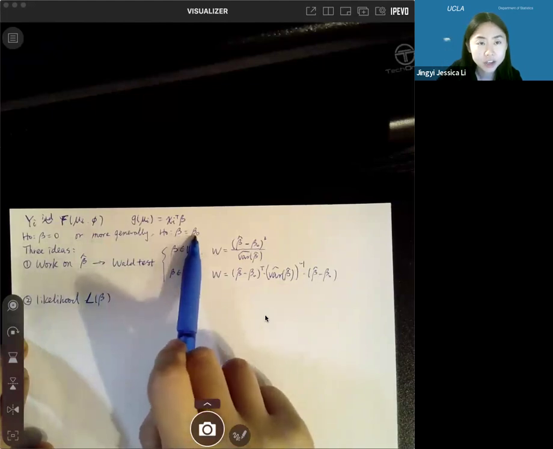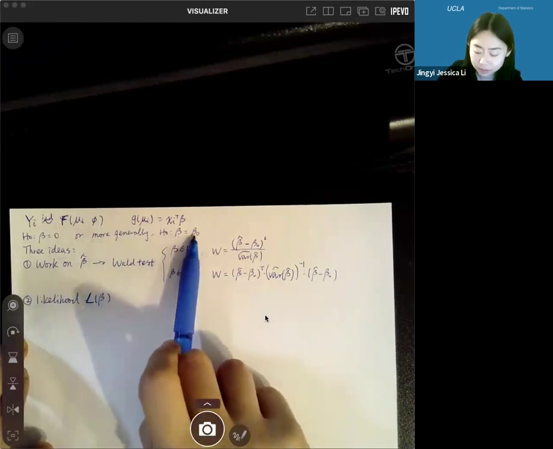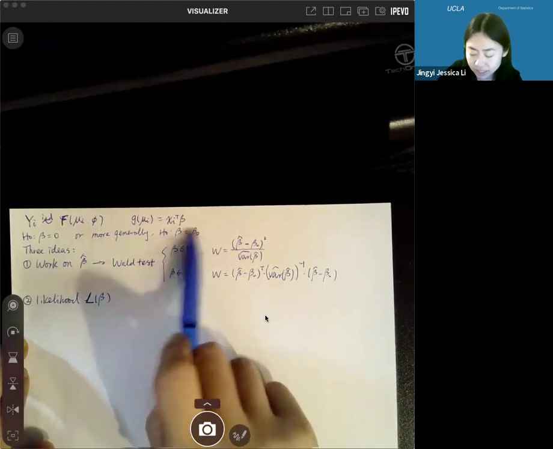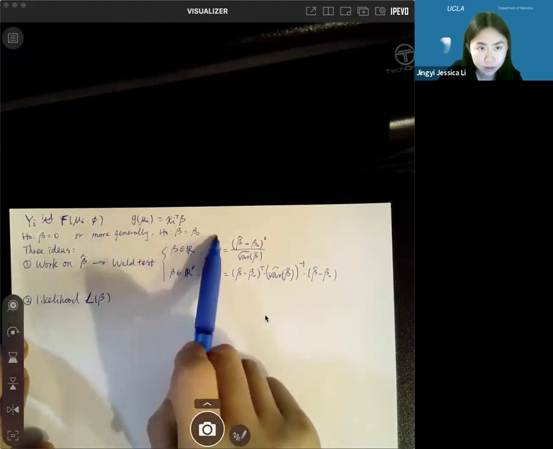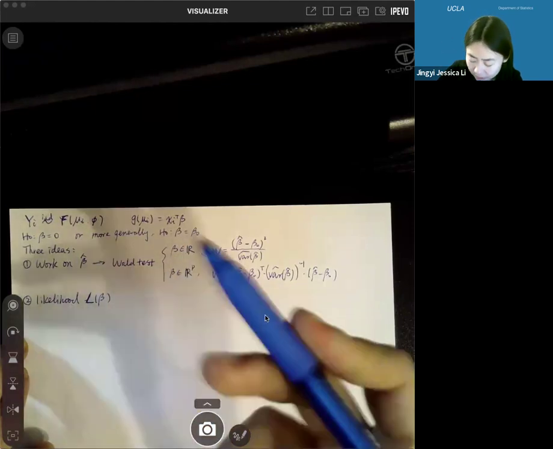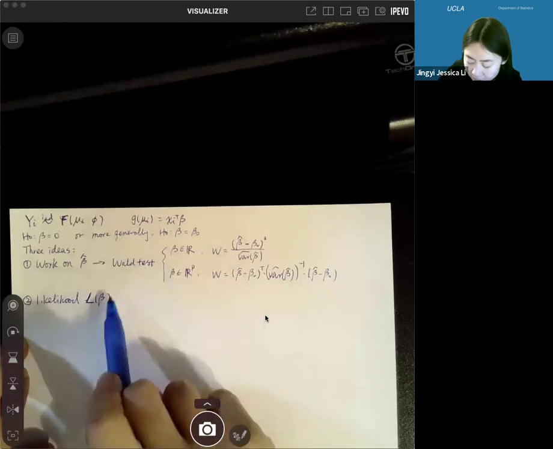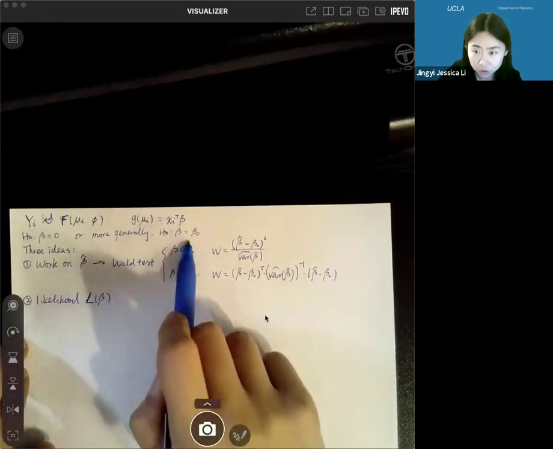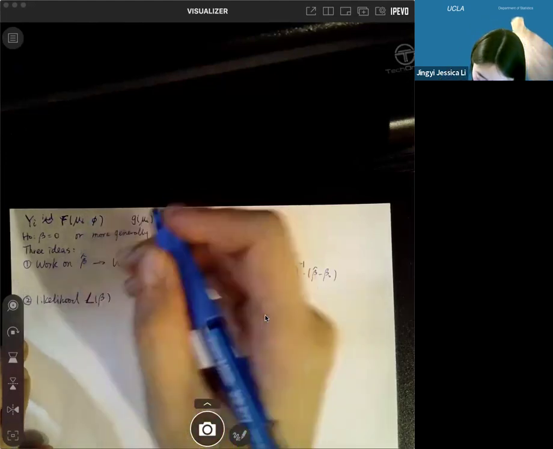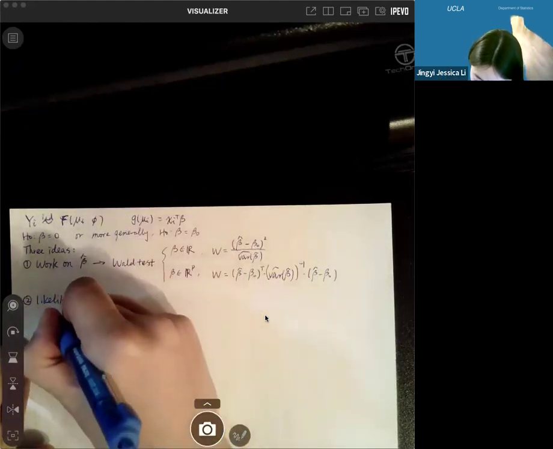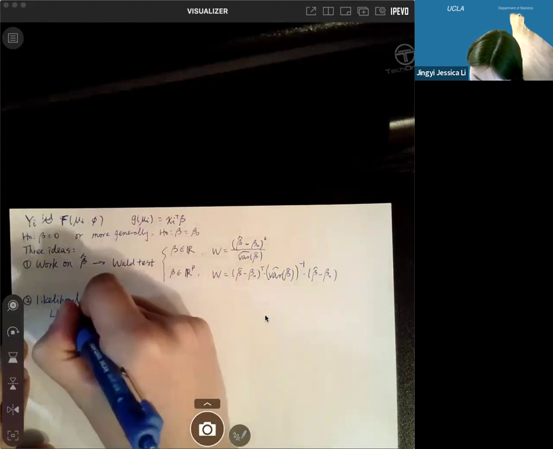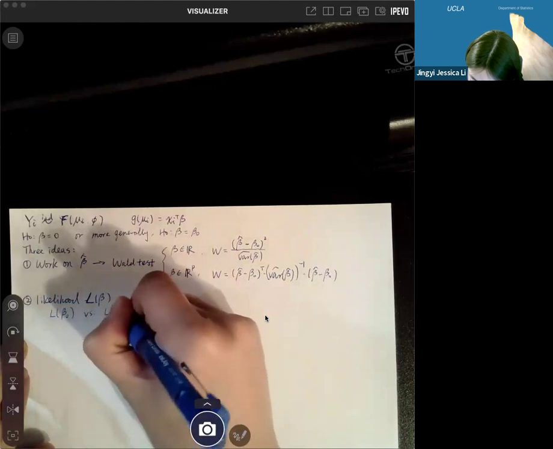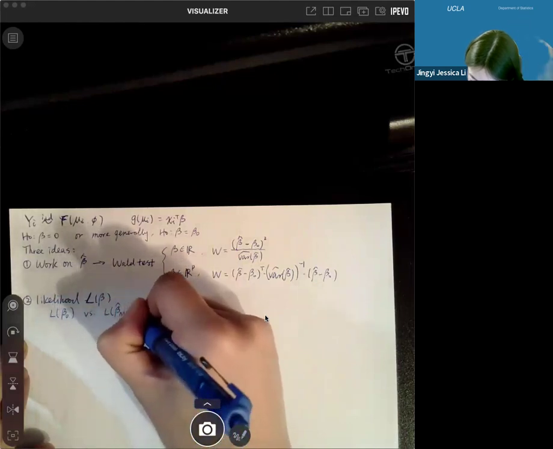And there are potentially other parameters we need to estimate by maximizing this constrained likelihood, like sigma squared. We maximize that, plug it in. And then we will have another likelihood under the alternative, which is not constrained. So in that case, we are going to compare this L of beta 0 versus L of beta hat MLE.